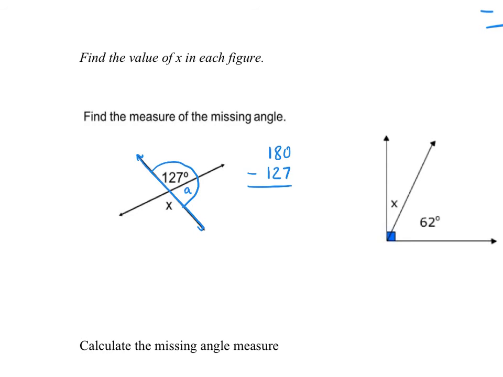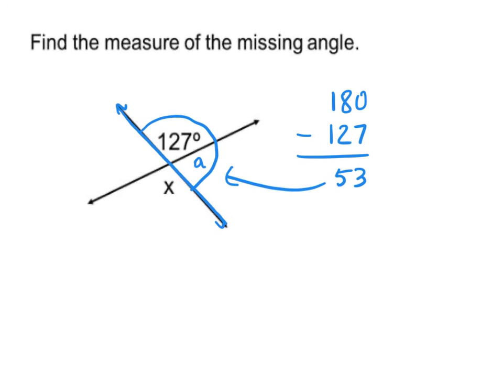And now we get 53 degrees when I do my subtraction here. So if this is 53 in here, instead of my A there, now this would have to equal 127.